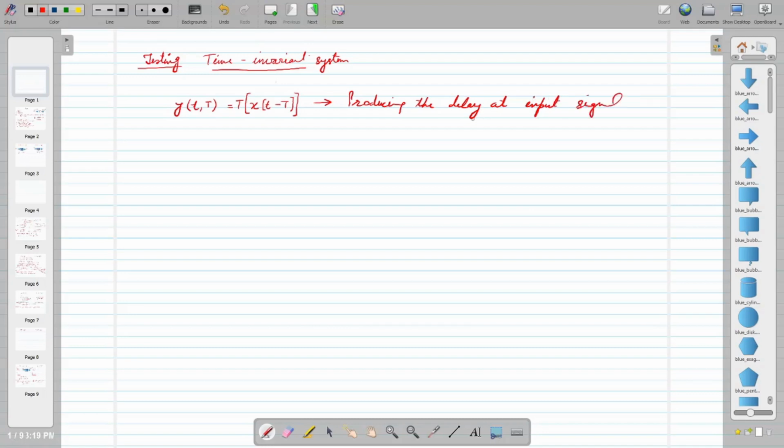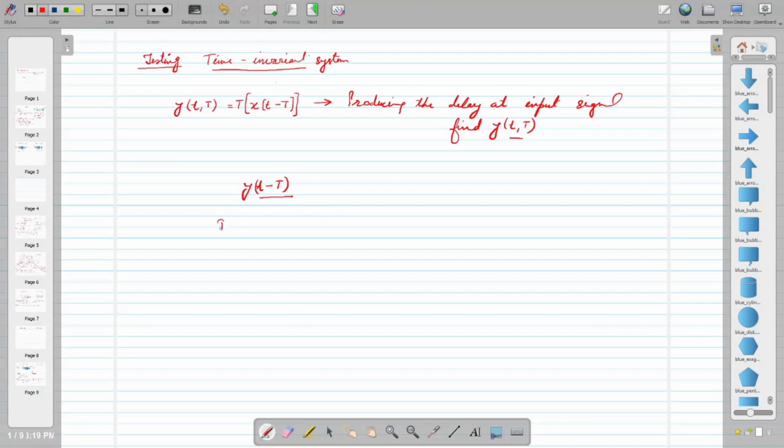And we are going to find out the output y. Now the next step is we have to delay the output by T, denoted by y(t - T), and we have to check the system for the output equation.